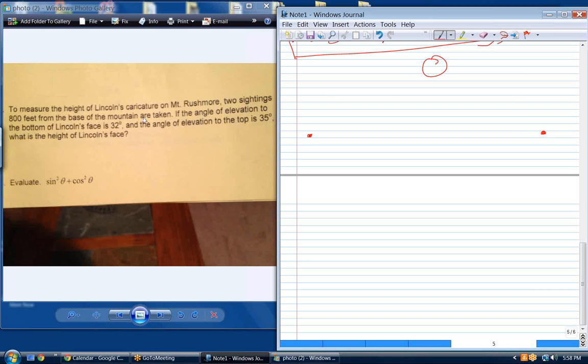If the angle of elevation to the bottom of Lincoln's face is 32 degrees, and the angle of elevation to the top is 35 degrees, what's the height of Lincoln's face?